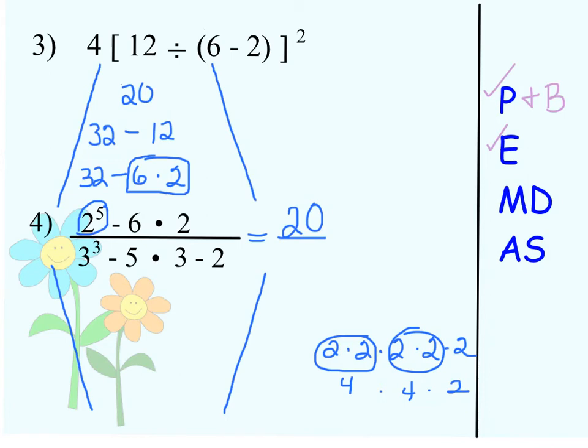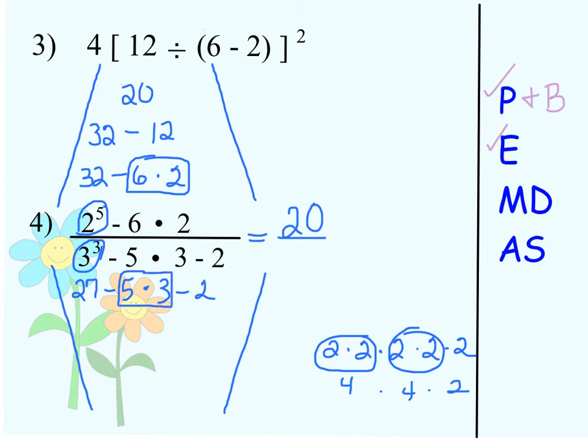Now let's go ahead and solve the denominator. Again, there's no parentheses in the denominator, so we're going to skip to our exponents. We have 3 to the 3rd power. 3 times 3 times 3 is 27. Bring everything else down, and now that we're done with the exponents, we're going to do all of our multiplication or division.